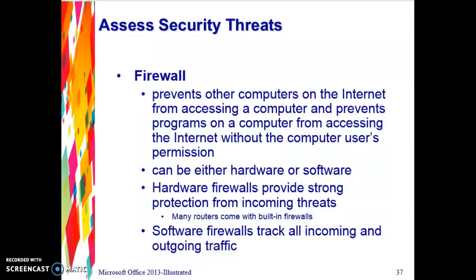A lot of companies have built-in firewalls, and our own routers in our personal homes also have some sort of built-in firewall. So it's basically in there watching incoming and outgoing traffic, and it puts a stop to anything that might be considered a threat.